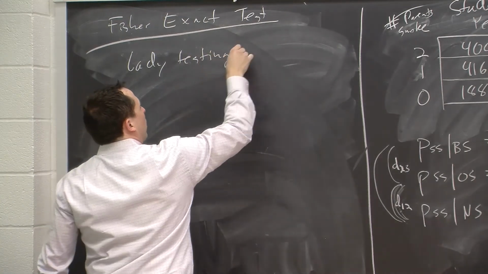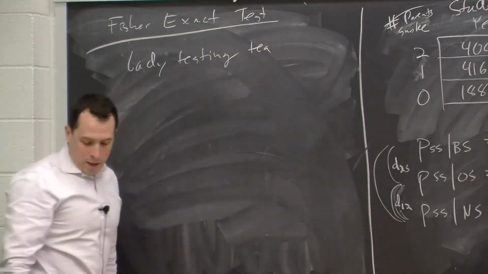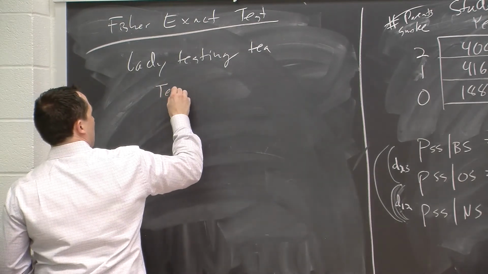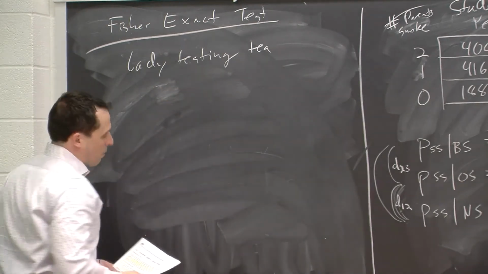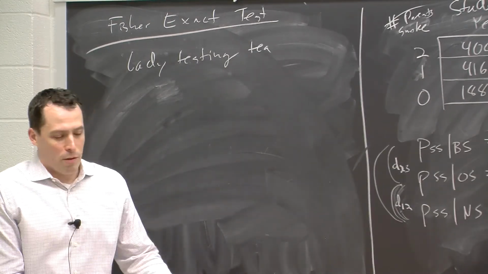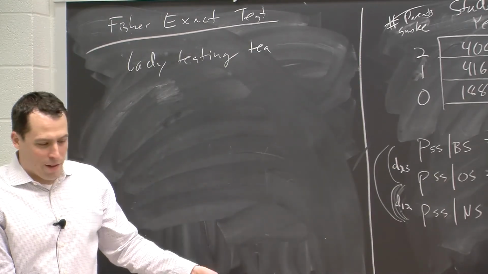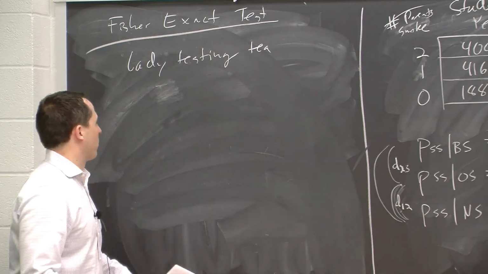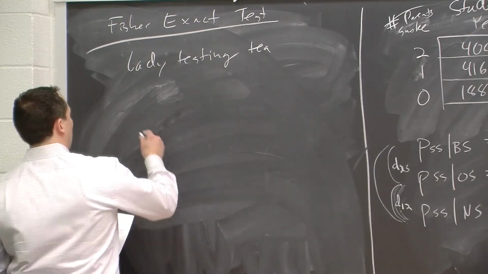You've already had one of these on your homework, the handwriting expert. Let's just quickly talk about it. So the idea is that there was a lady who said that she could determine, when someone made tea, whether the milk was poured first or the tea was poured first, just by tasting it, in terms of, I don't know, how much the milk got cooked.